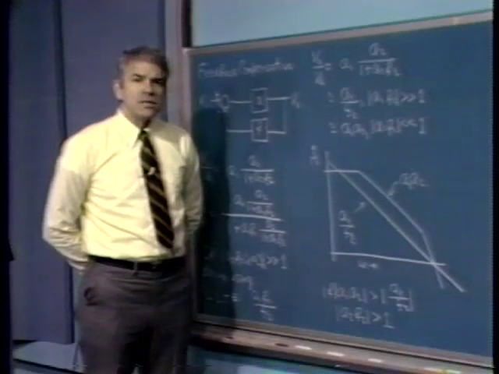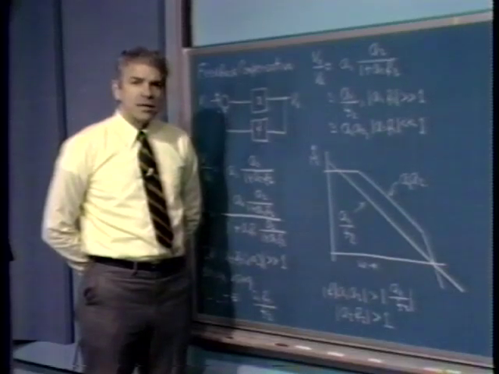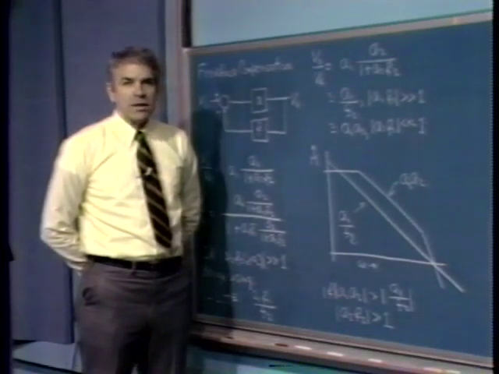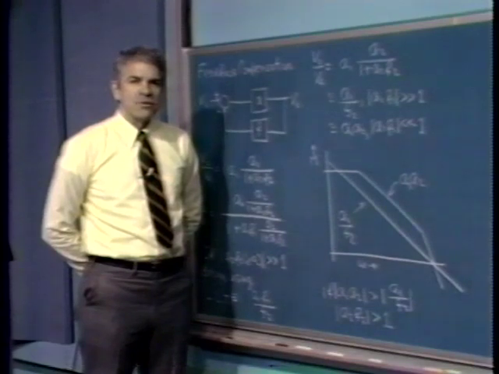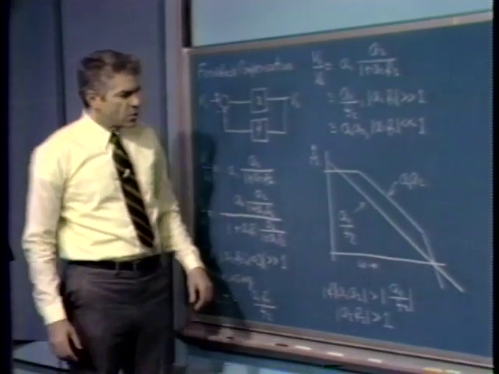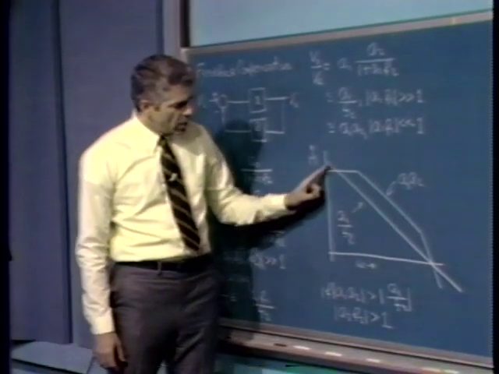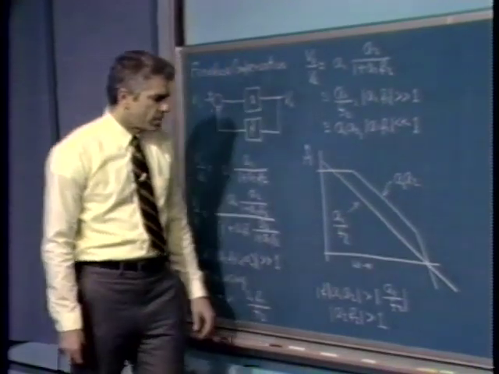So if we use a tachometer for minor loop feedback in a servomechanism, when we model that sort of system, we find that we formed a minor loop where the value of the feedback transfer function in the minor loop is in fact proportional to S. And in those sorts of cases, the quantity A1 over F2 can very easily have this sort of form.